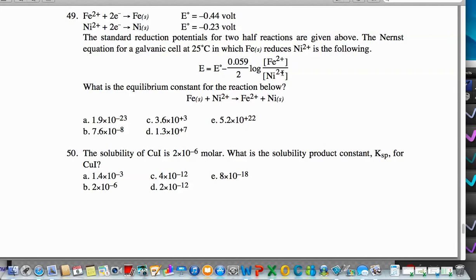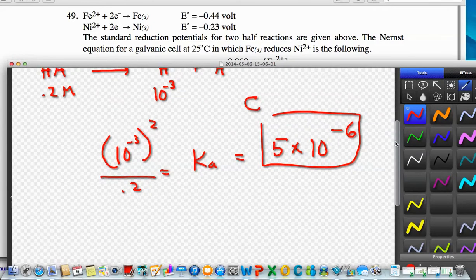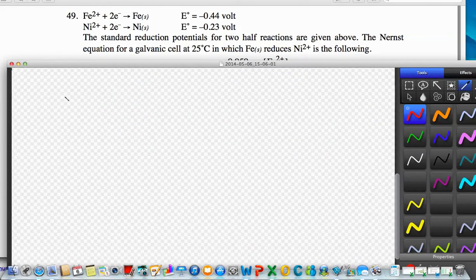We want the equilibrium constant for this Nernst equation. And so the best way to do this is probably to look at some mathematical correlations. We know delta G is minus RT log of K. We also know it's minus nFE.